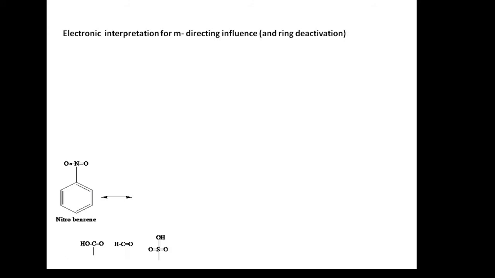Same is the case in the other electron withdrawing groups. See here the carboxylic group. Here also the carbon atom is the key atom which is linked to the electronegative oxygen atom by a double bond, and in the aldehyde also the same is the case, and in the sulfonic group the sulfur, the key atom, is linked to the oxygen atom by a double bond, and which in turn is linked to the ring carbon atom which is having a double bond.